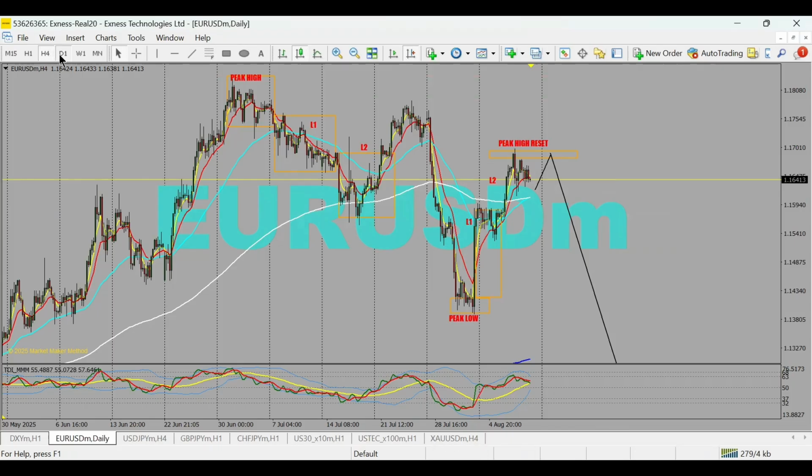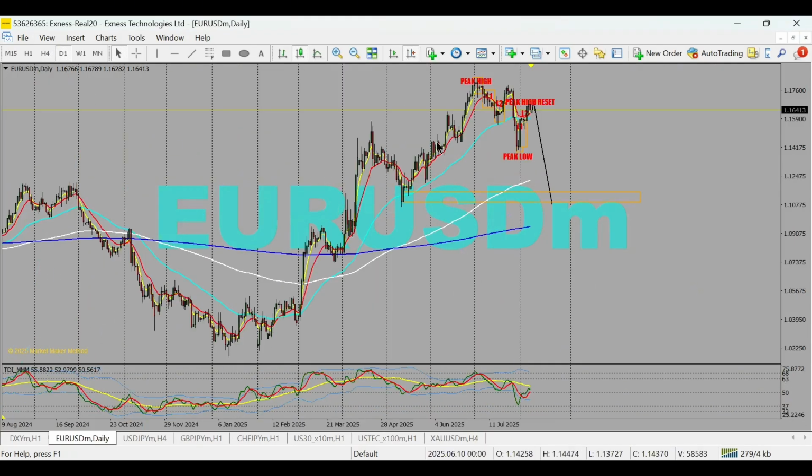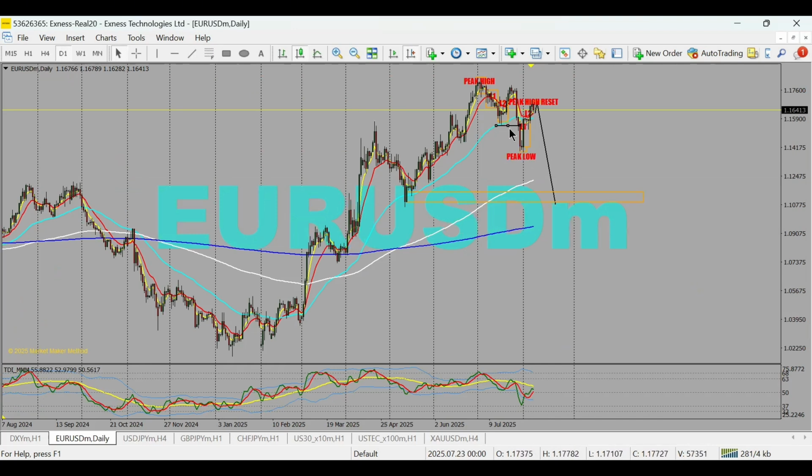And if we are to have a look at the higher time frame structures, we can see that Euro USD is now in a down phase because we had a break in market structure right here. Market broke structure right there. So we simply have got a retest on the neckline, or some may call it the mitigation block right there. This is where we had our break in market structure.